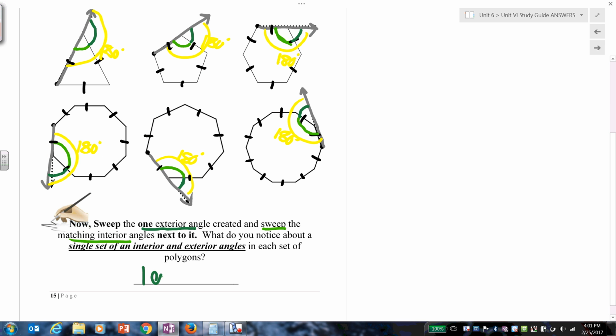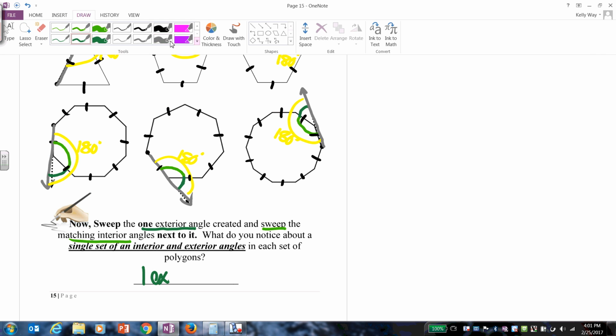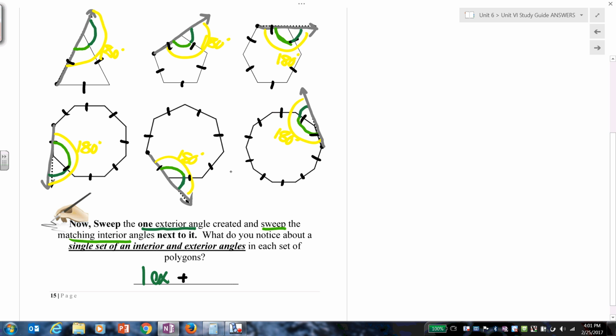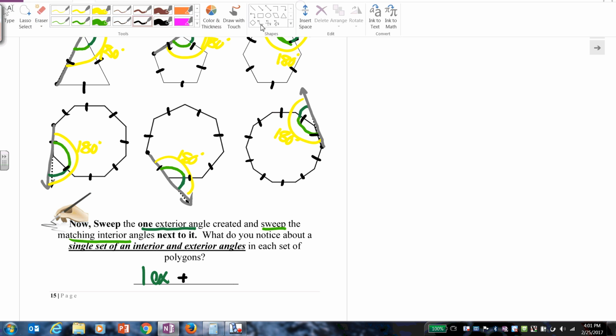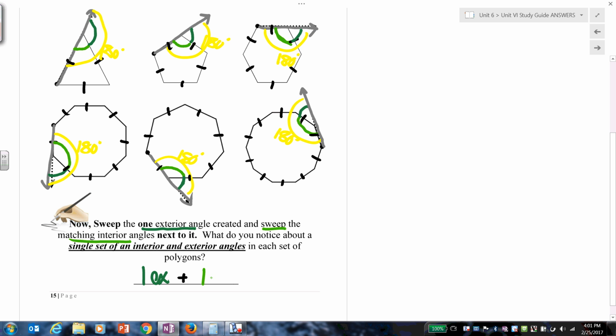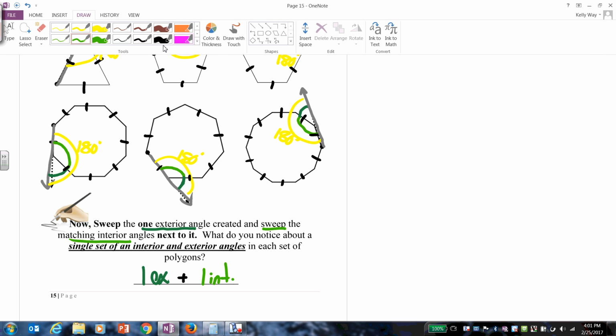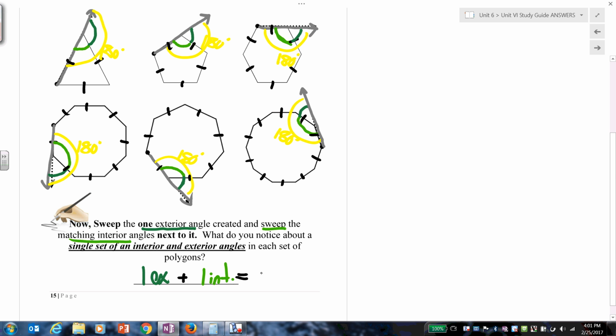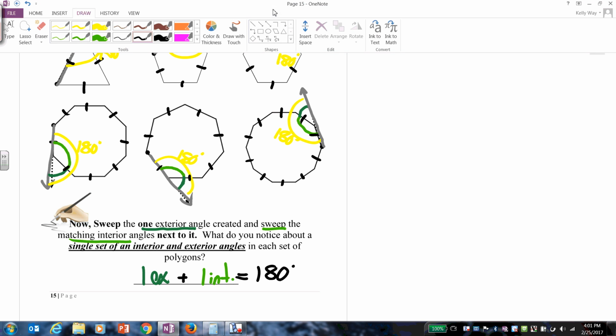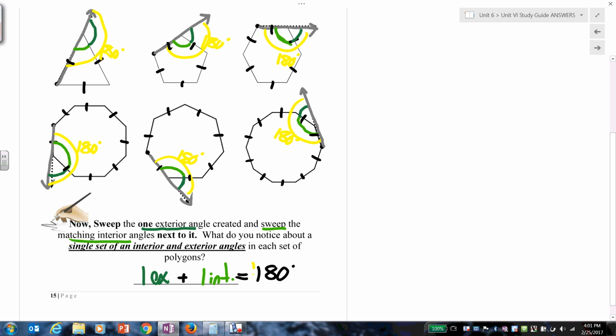That one exterior angle plus one interior angle is always going to equal 180 degrees. So the matching set of interior and exterior angle will always equal 180. That's important to know, regardless of the shape.